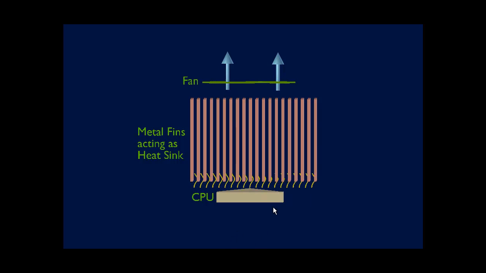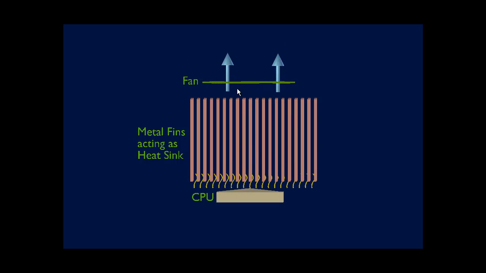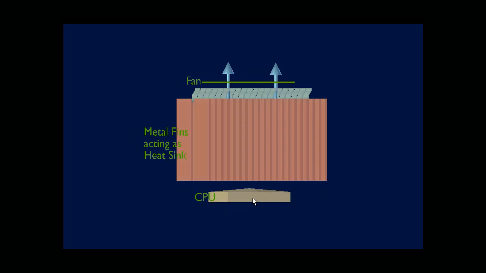So if we look at the functioning of the heat sink, typically when the CPU gets heated up, the hot air that is present immediately adjacent to the CPU will start moving in the upward direction due to the convection currents, and as it starts moving upwards, it comes in touch with these metallic plates, and these metallic plates would conduct away the heat from the air so that the air also gets rapidly cooled down, and that hot air gets pumped away by the fan so that it doesn't remain in the vicinity of the electronic component.